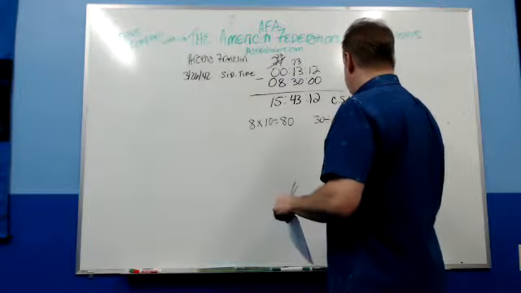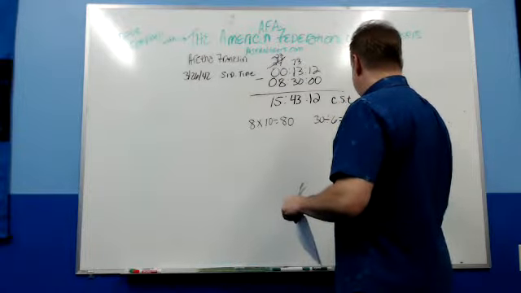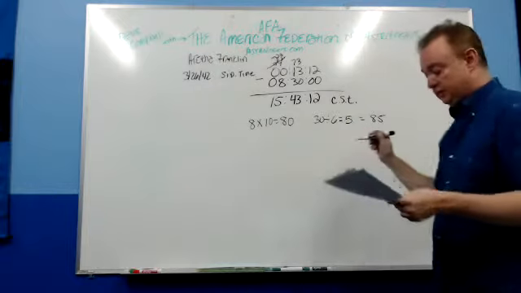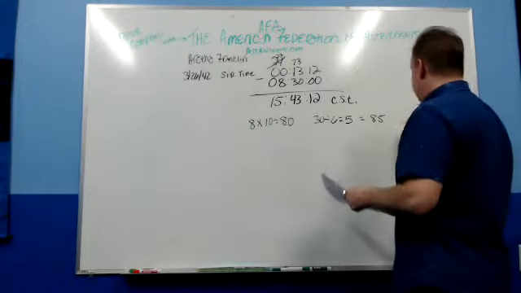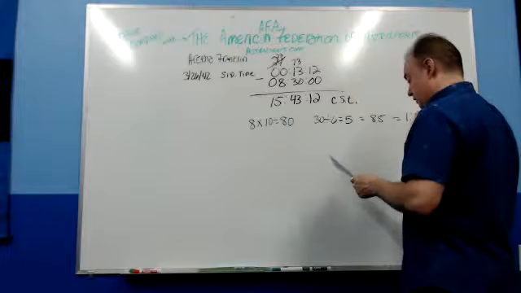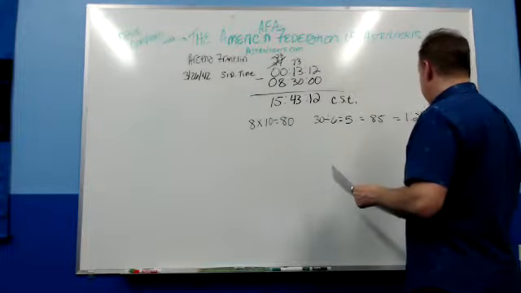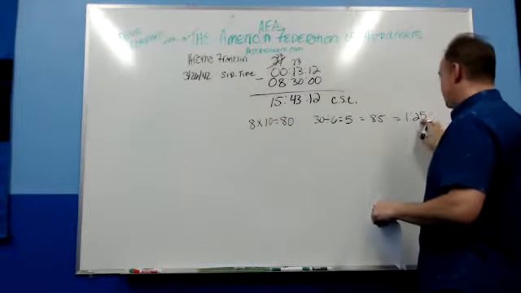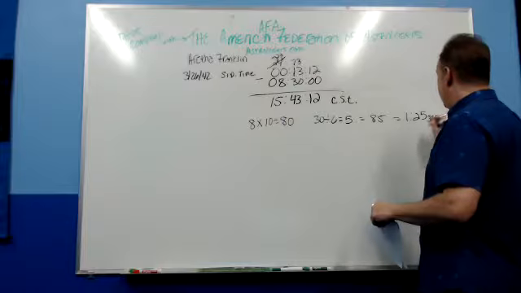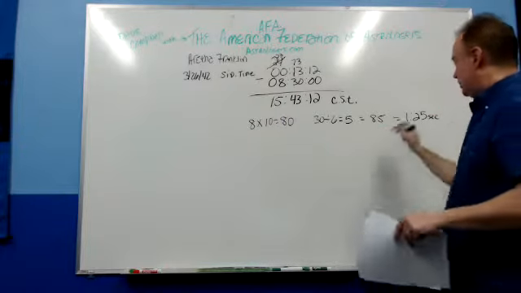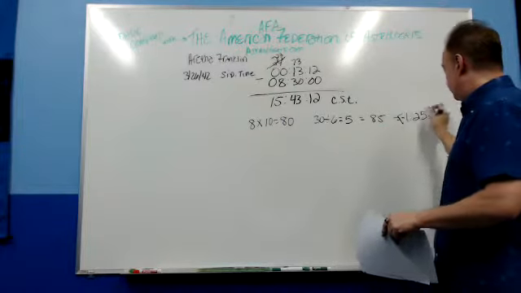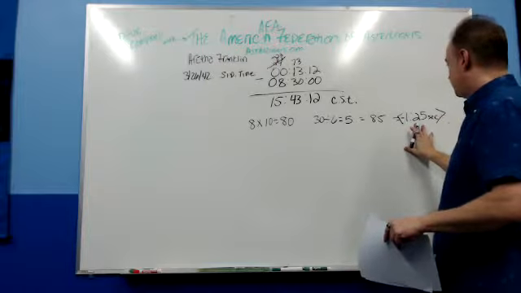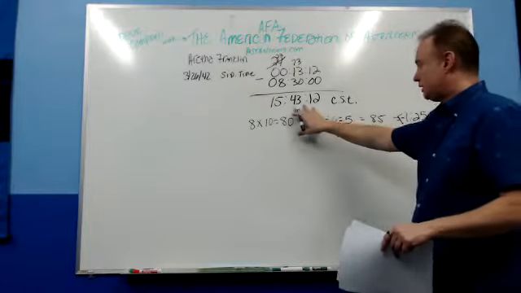So 80 plus 5 equals 85. 85 seconds, there's no such thing, so 85 seconds equals 1 minute and 25 seconds. And because this is an AM birth, we're subtracting 1 minute and 25 seconds from the corrected sidereal time.